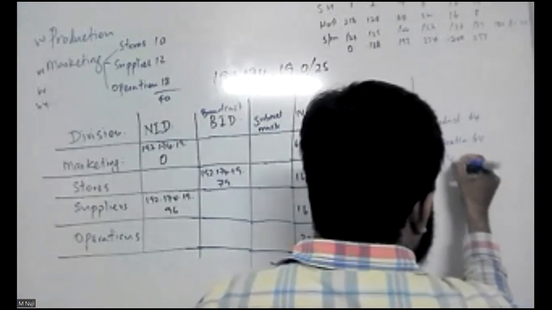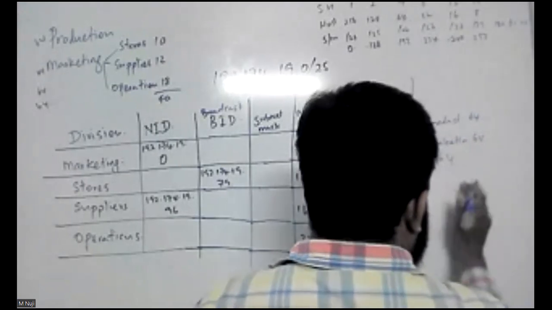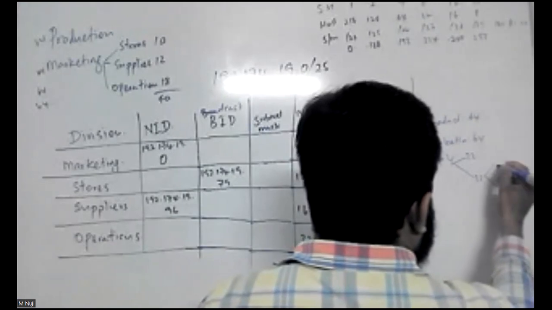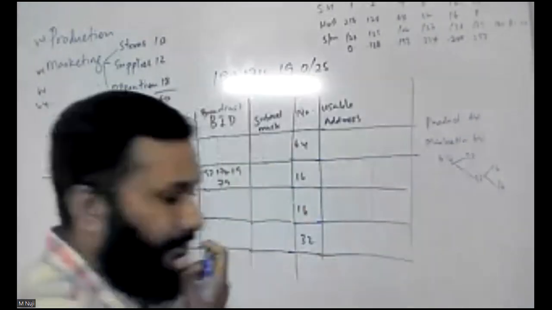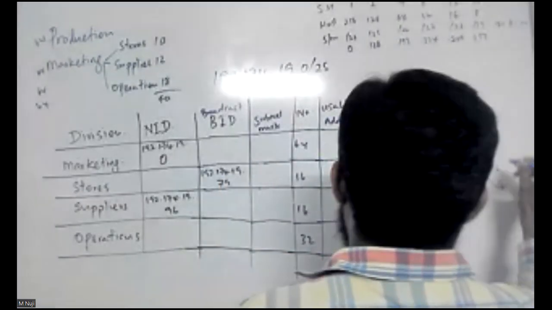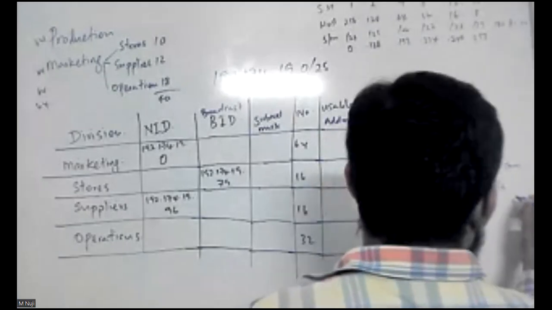Another 64 is divided into two, 32 each. Another 32 they have divided into 16. So for the 32 they have given operation. Next one is stores. Next one is supplies.